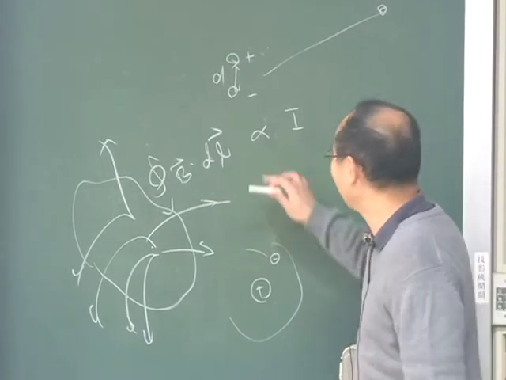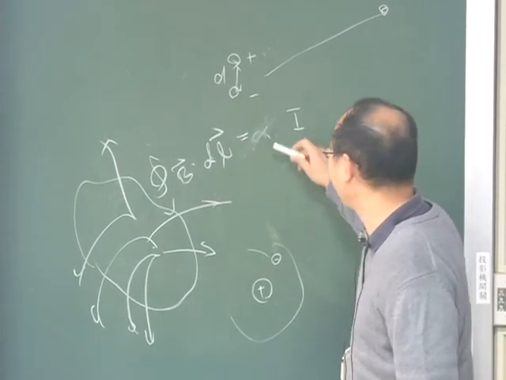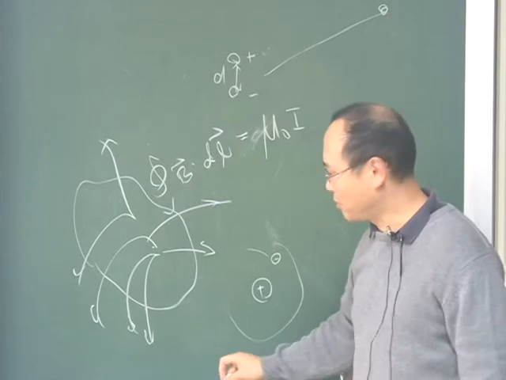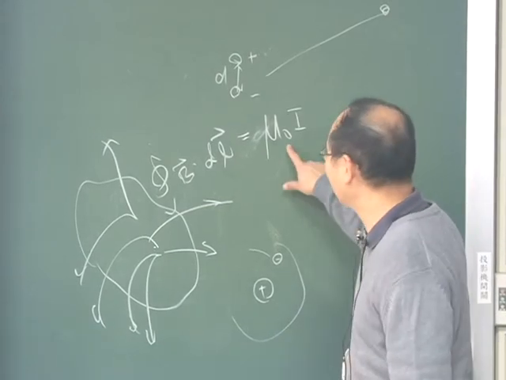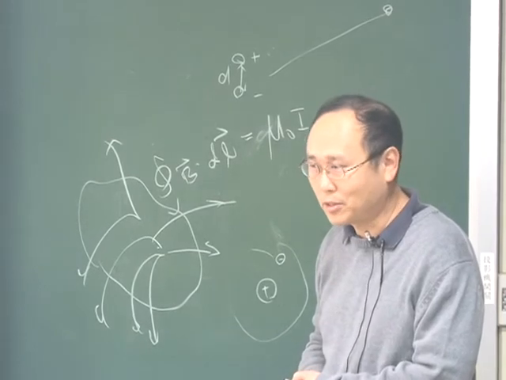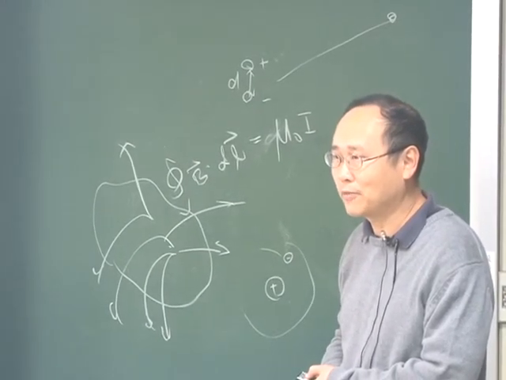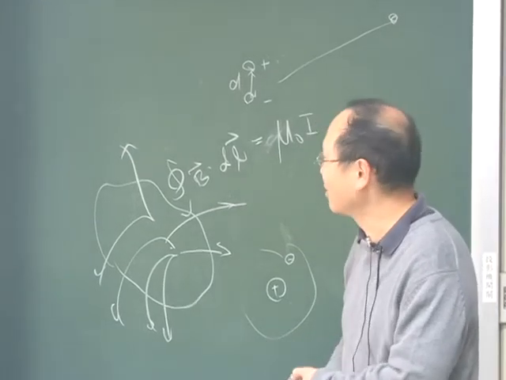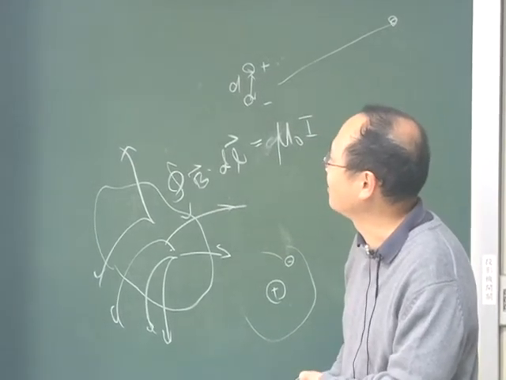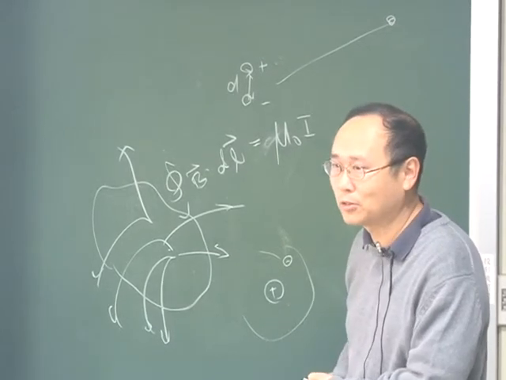Okay, and if you want to write into an equation, then you put the proportional factor to it, and this proportional factor is called vacuum permeability. Okay, equal to 4 pi times 10 to minus 7 Henry per meter. Yeah, 4 pi times 10 to minus 7 Henry per meter.